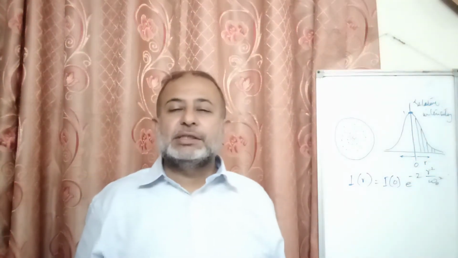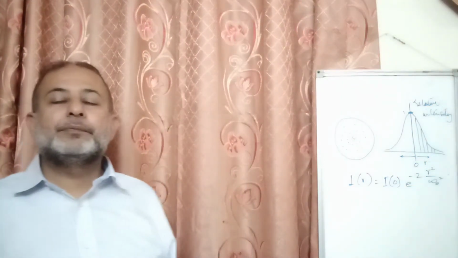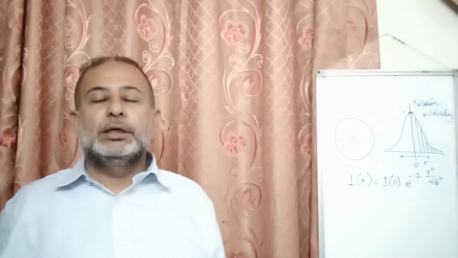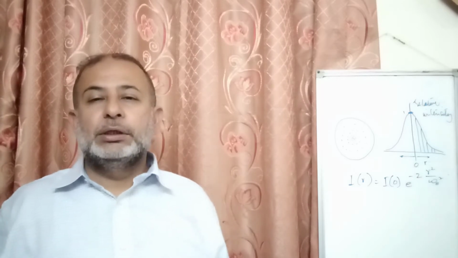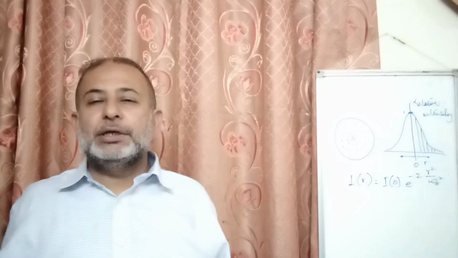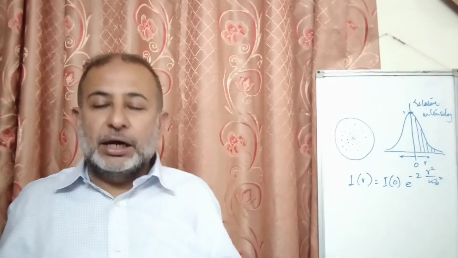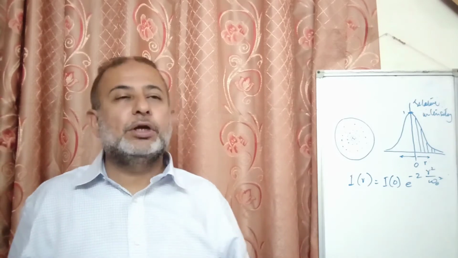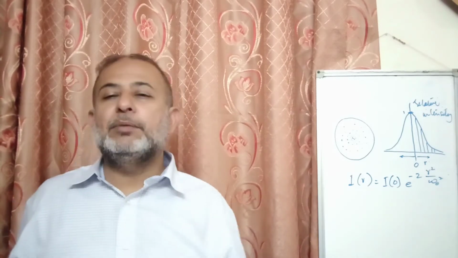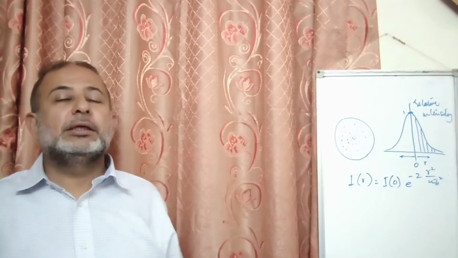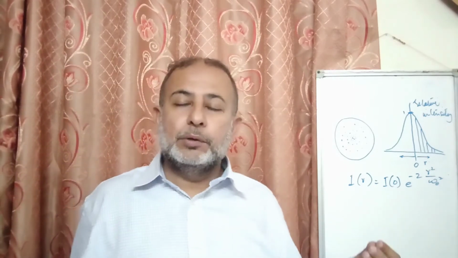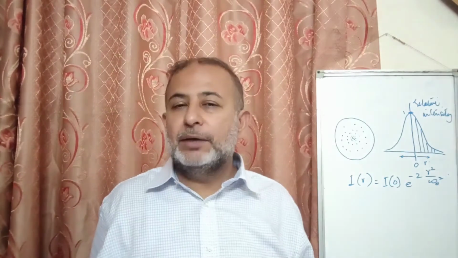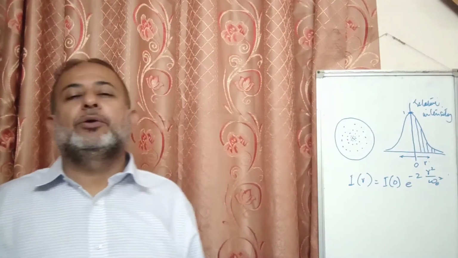Actually, what happens is that the mode field diameter that we come to find out is a little bit larger than the physical core diameter. For example, the physical core diameter may be 8.3 micrometers, and the mode field diameter 9.3 micrometers.